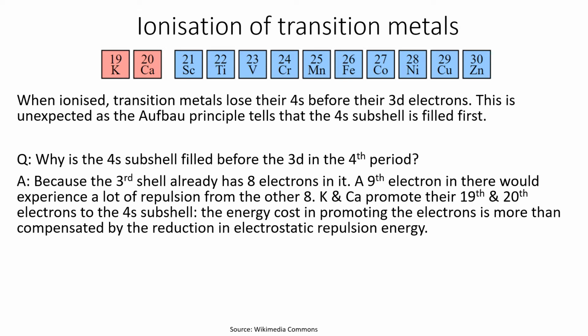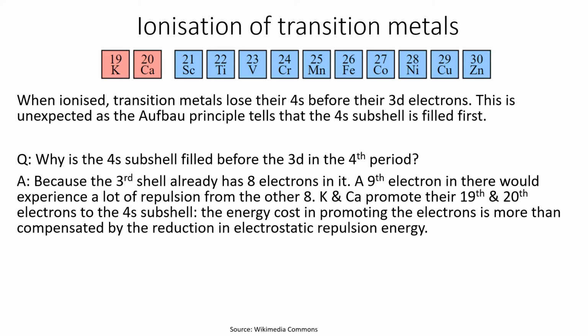So if you were to put the next electron into the 3d subshell, it would be in the third shell with 8 other electrons. Putting a 9th electron in there with those other 8 involves quite a lot of electrostatic repulsion between those electrons, and this will raise the energy of the electrons. There's an energy cost in creating all that repulsion.